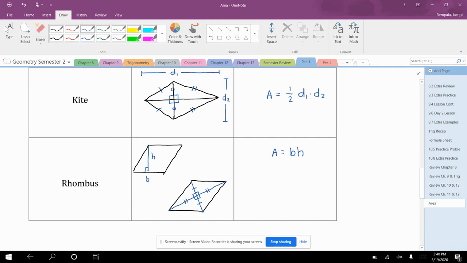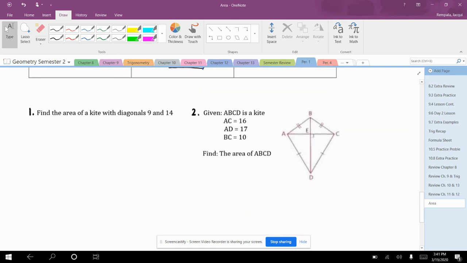So if I am dealing with diagonals, I can find the area of this rhombus by doing exactly what I did with my kite. If I multiply the two diagonals together and take half of that product, I will have the area of that rhombus. Let's look at a couple of examples.